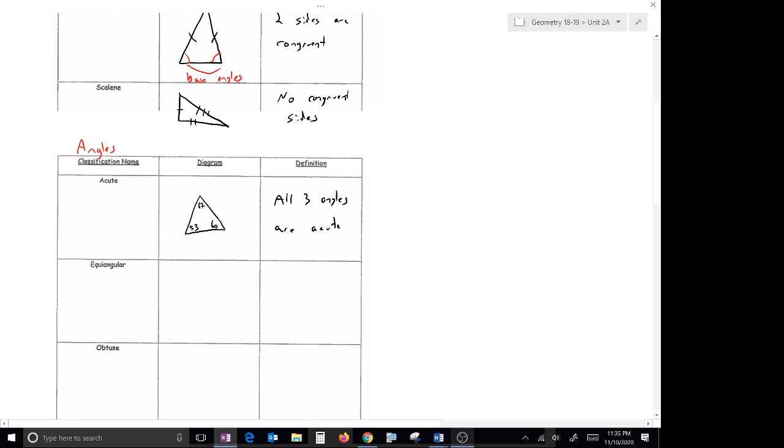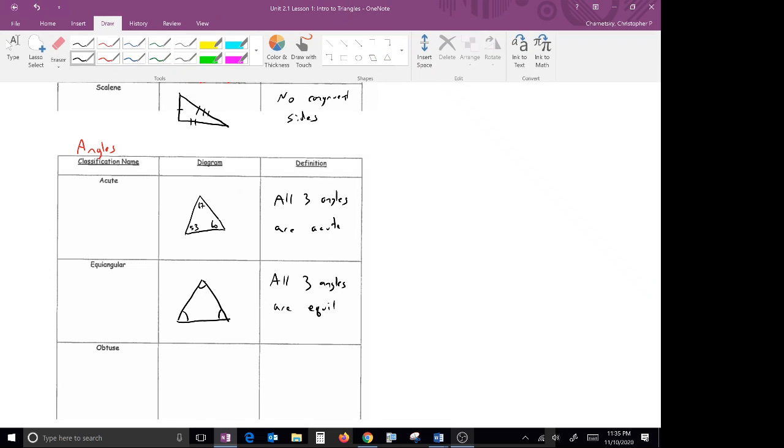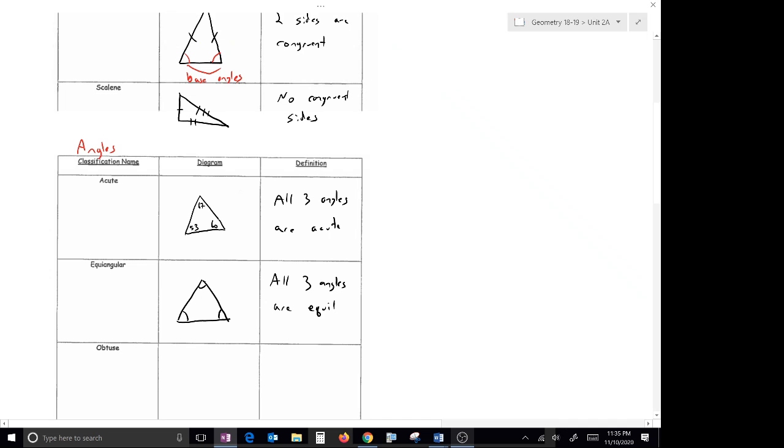Equiangular: all three angles are equal. However, we have another name for that, because if all three of our angles are equal, all three of our sides are equal, and we actually just know this as an equilateral.